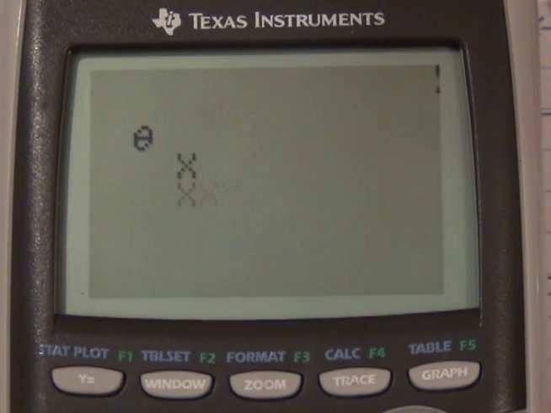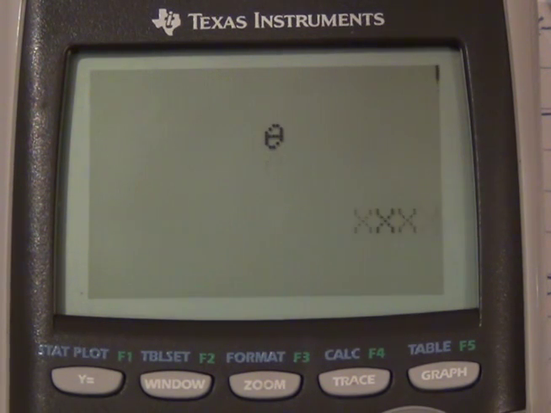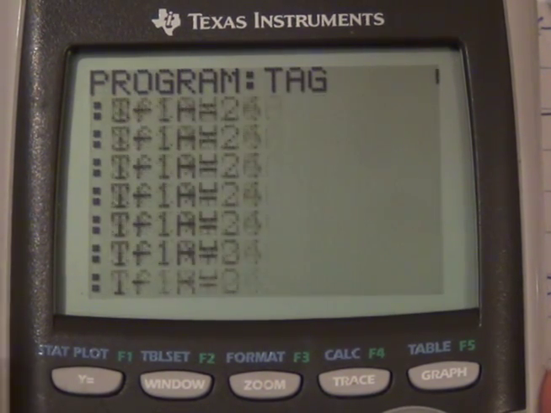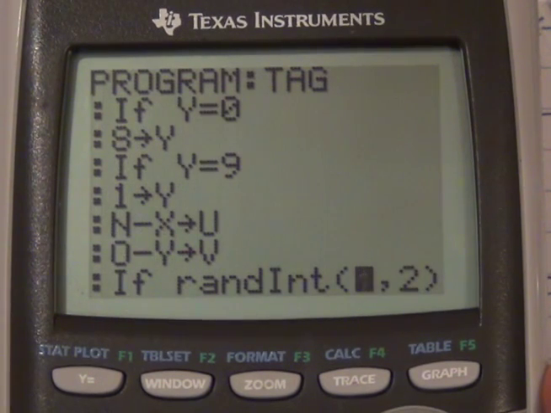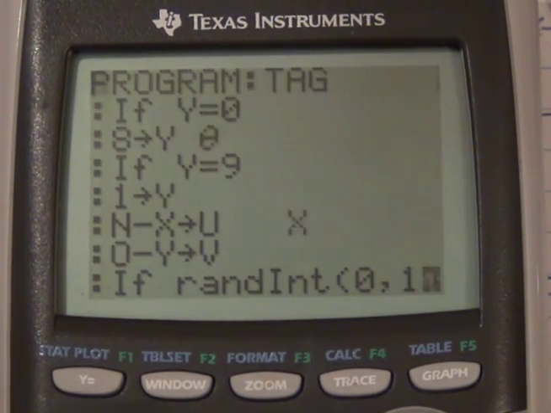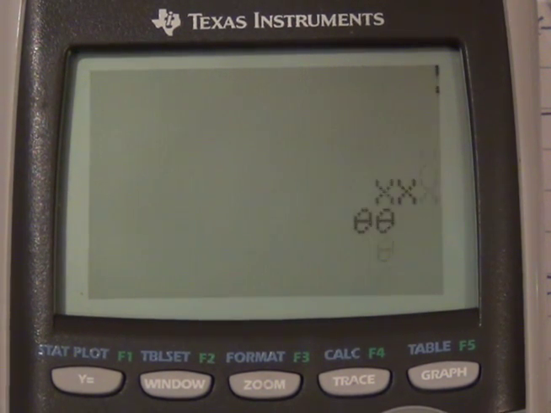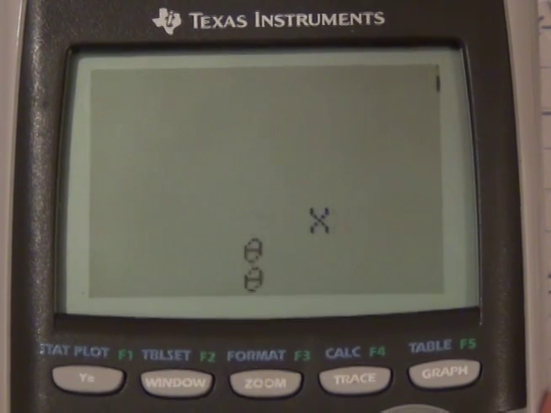Okay. So what we can do now is, since we're playing tag, you know, he's chasing us. We can make him a little bit faster. Let's do the random number between just 0 and 1. So he's pretty much half the speed we are right now, based off random chance.